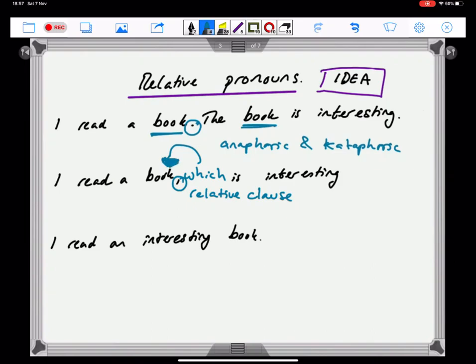And in Greek, because it declines, that means that you can link to your nouns very carefully. If you think about this clausally, which is interesting, describes the book, which is exactly the same as just making an adjective and putting it in the adjective place. So you may find that you want to translate things like adjectives as relative clauses, or indeed can sometimes make relative clauses into adjectives.